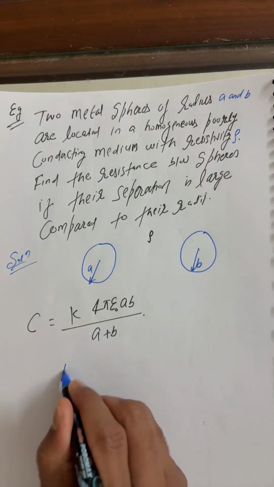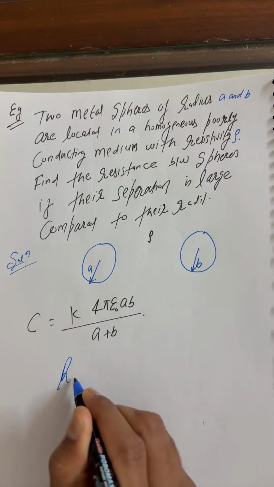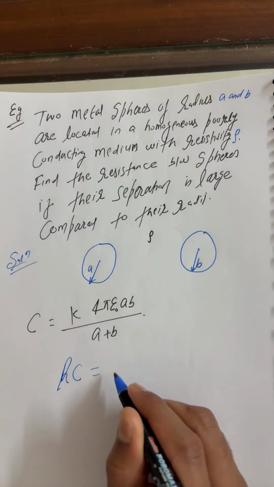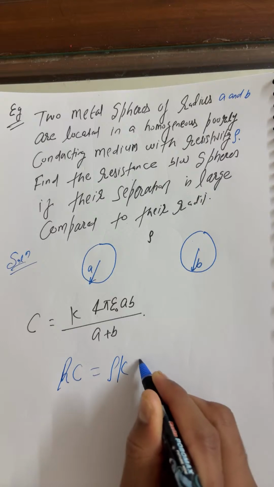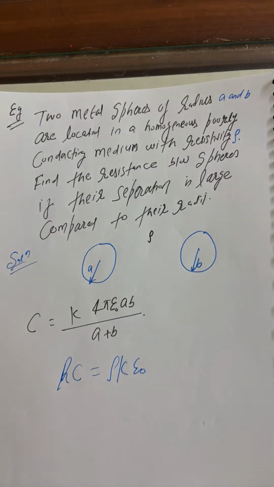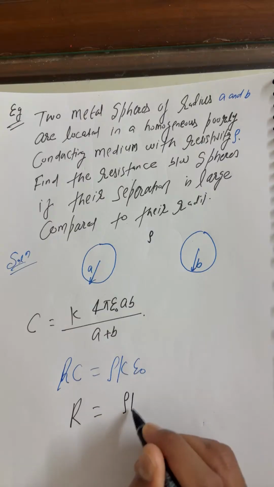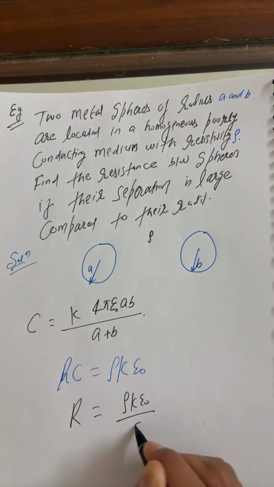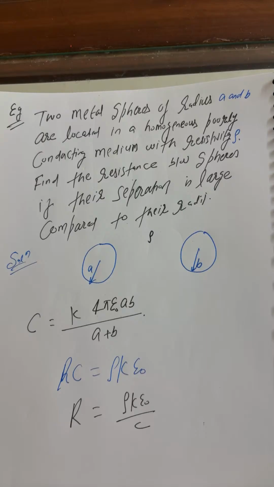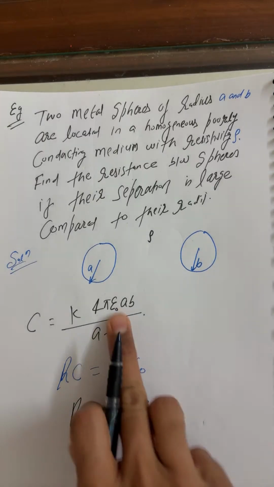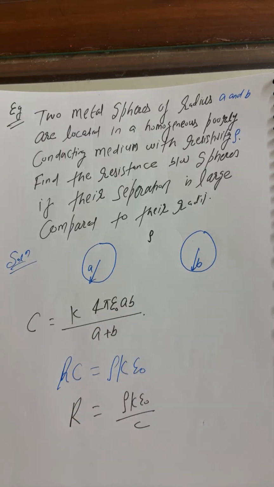So tau is equal to RC, which is rho K epsilon naught. And I can get the resistance from here only: R is rho K epsilon naught upon C. And C can already be found from here, students.